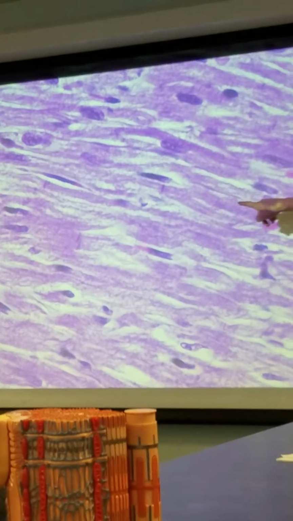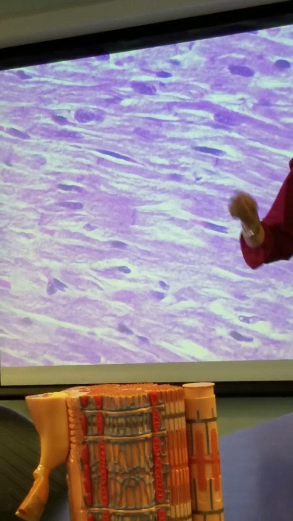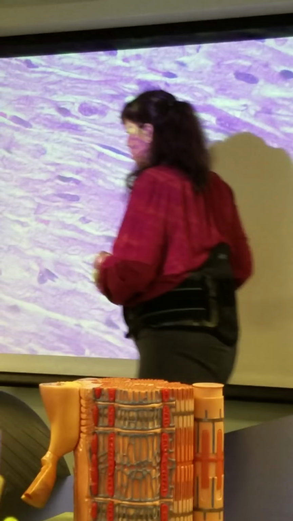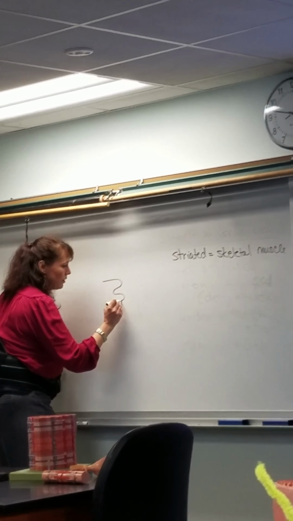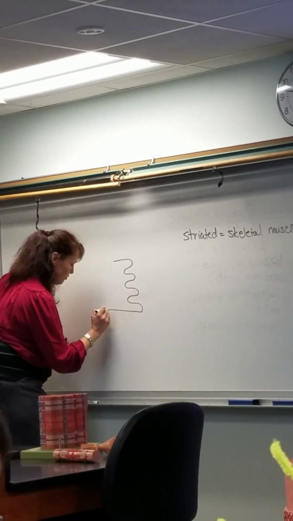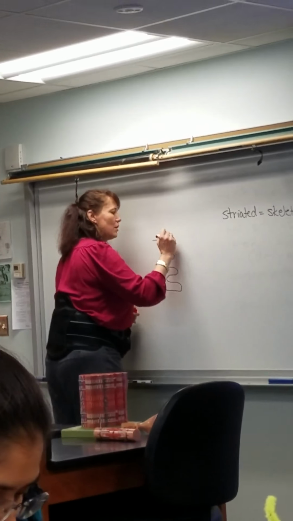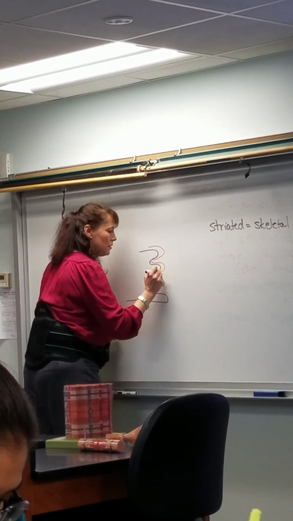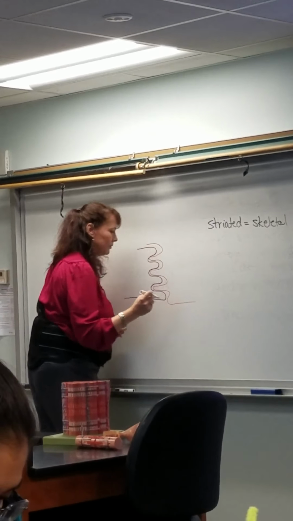The last thing that we'll see are these little lines here. It looks like somebody drew on the slide with a pencil. Those are what we call intercalated discs. And the intercalated discs are where the cell membranes of two cells actually meet. So they invaginate.